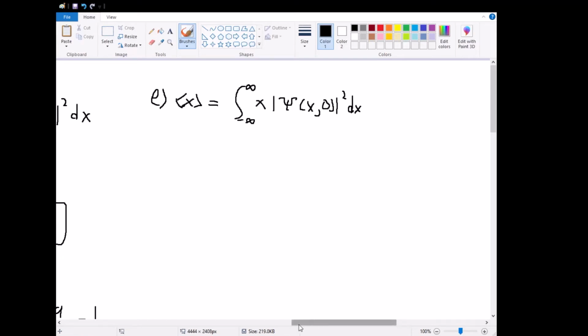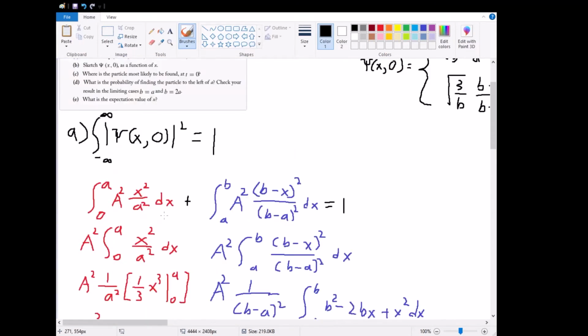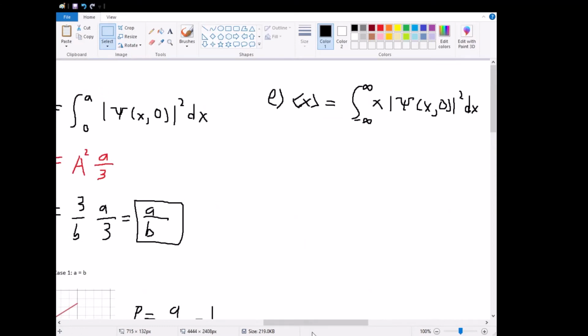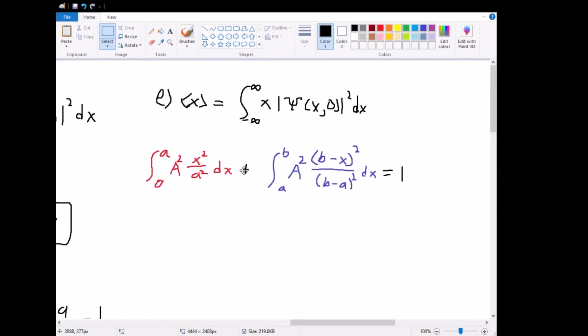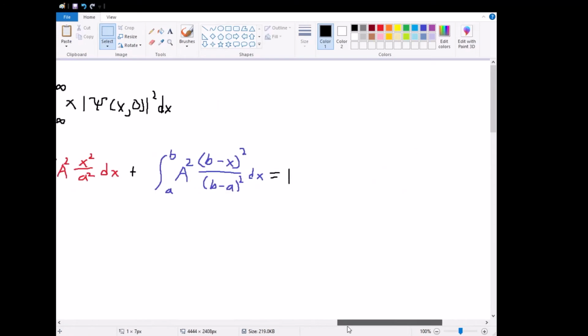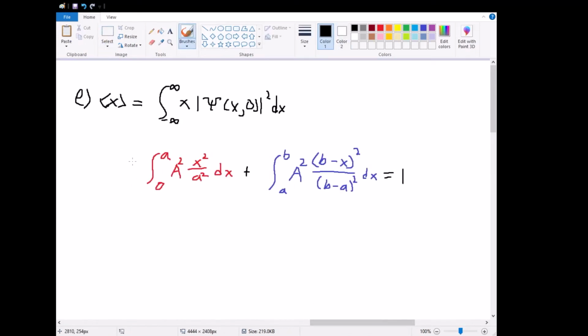And we already have our two integrals here, so let's just take these and copy them. Put them here. So this equals, and then we're going to attach an x to each of these terms because the x distributes in, and then we get rid of the equals 1, because we're now finding the expectation value of X, not the total probability anymore.